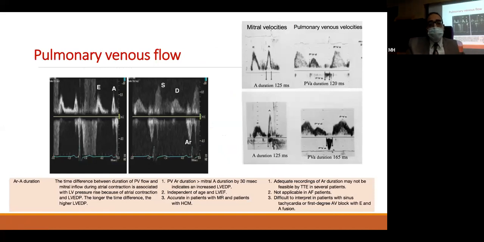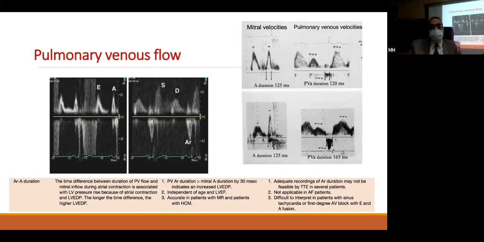These are the usual indices that can be used to diagnose diastolic dysfunction. But there are other variables that can be helpful, specifically if the patient has indeterminate values, which is pulmonary venous flow. Pulmonary venous flow is very easy.